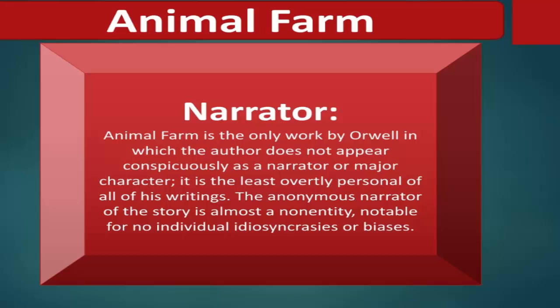Narrator, Animal Farm is the only work by Orwell in which the author does not appear conspicuously as a narrator or major character. It is the least overtly personal of all his writings, and maybe the most interesting as well. The anonymous narrator of the story is almost a nonentity, notable for no individual idiosyncrasies or biases.